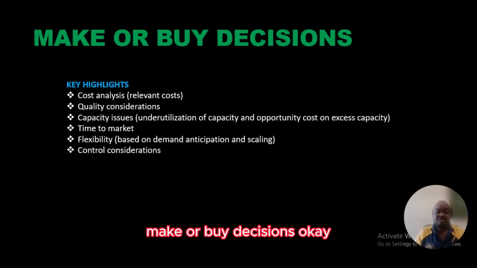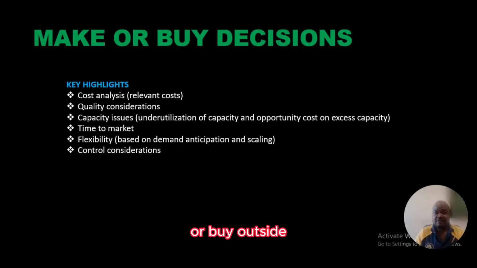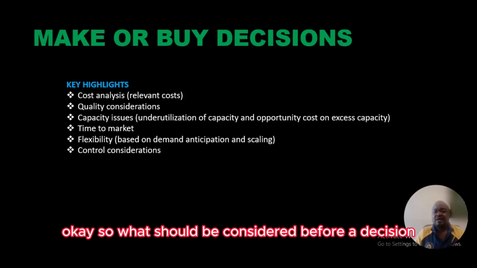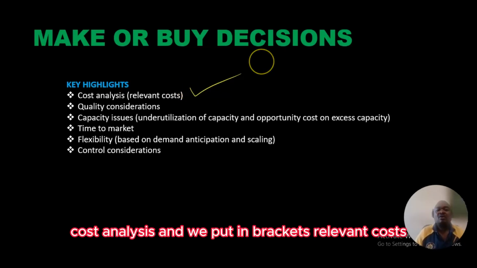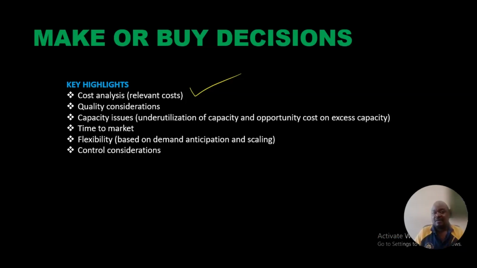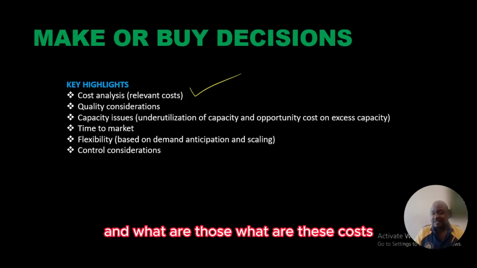Make or buy decisions are decisions related to whether a company should manufacture in-house or buy outside. What should be considered before a final decision is made? Number one, there should be some cost analysis, in brackets relevant costs. Only relevant costs should be considered. And what are these costs?